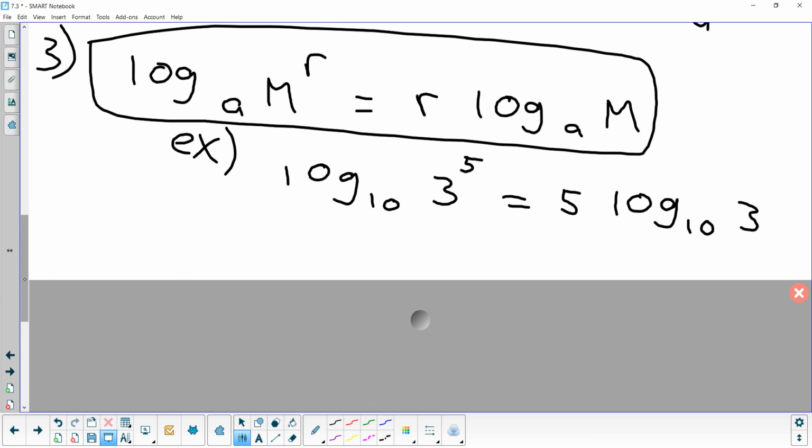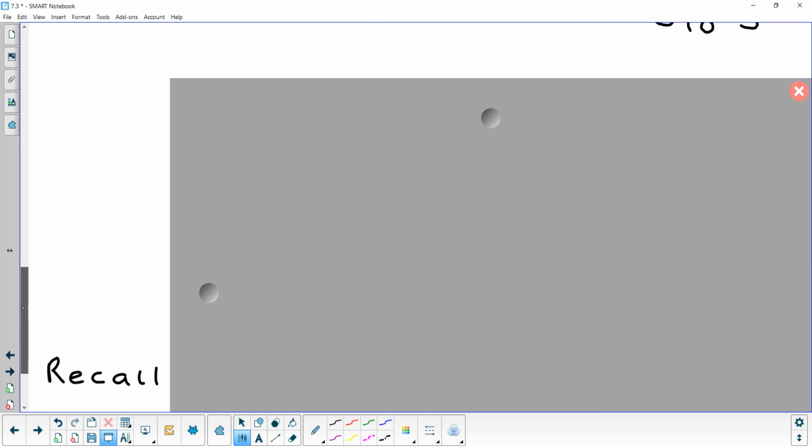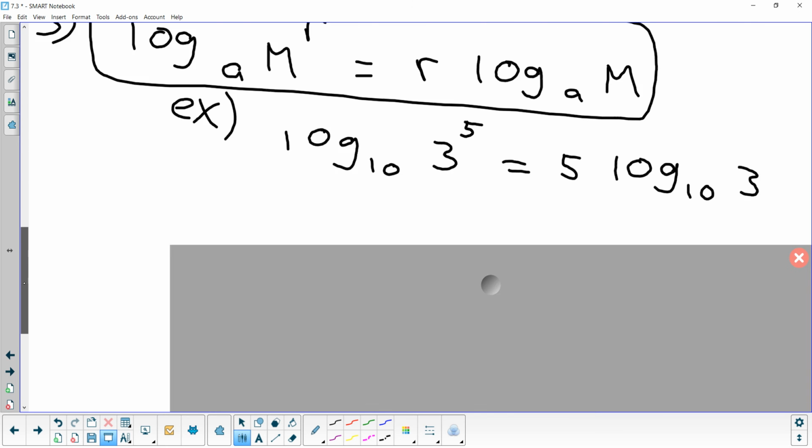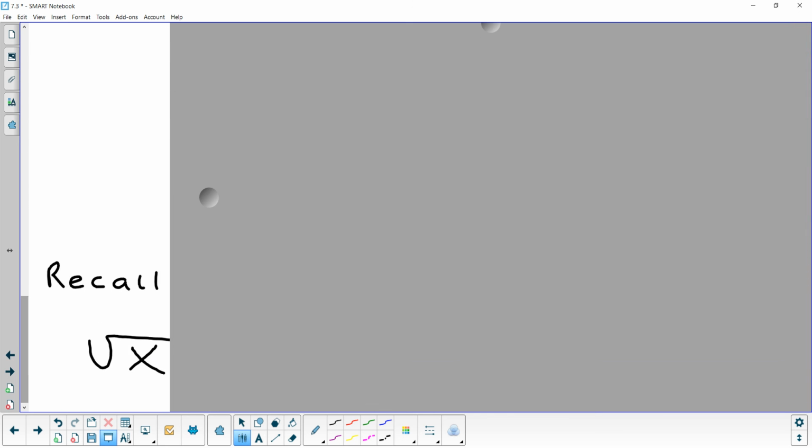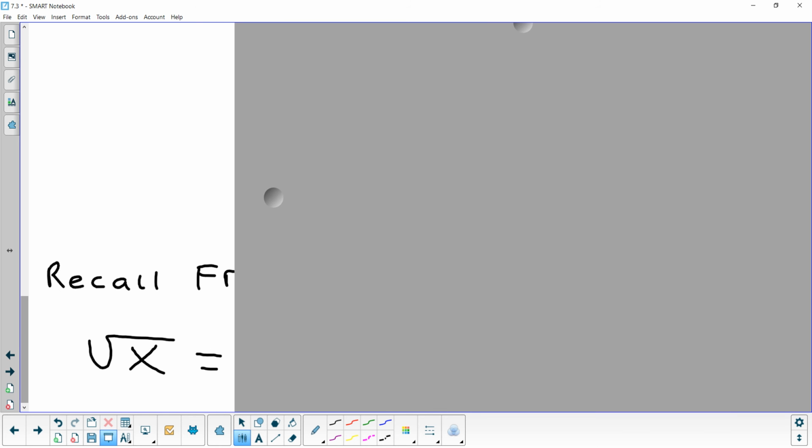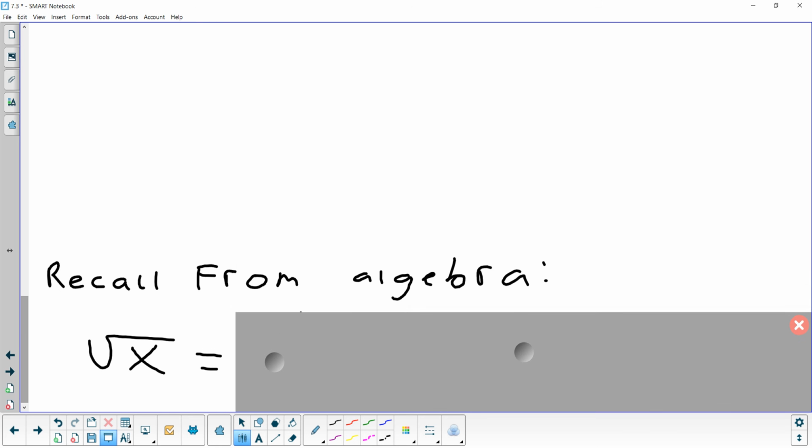All right, and there is one more thing we have to remember from algebra. And it has to do with another way that you can write a square root of x. Does anybody remember what power you can use? And it means the same thing as taking a square root.